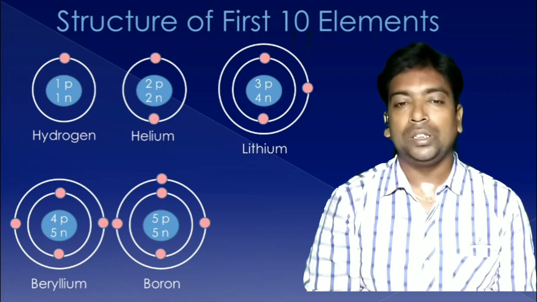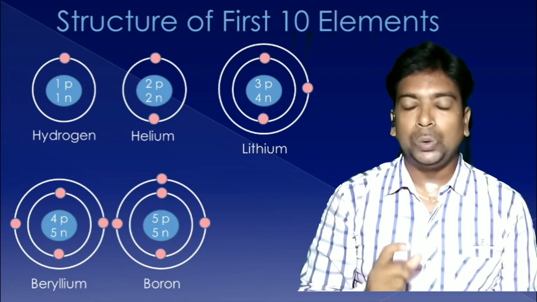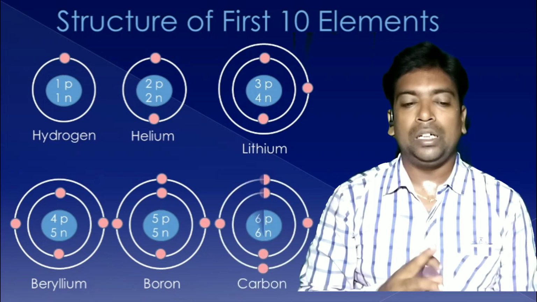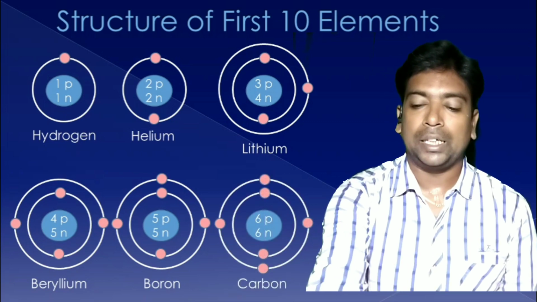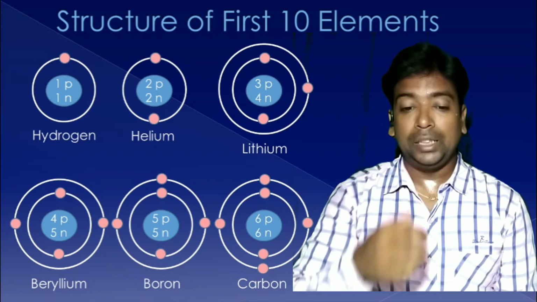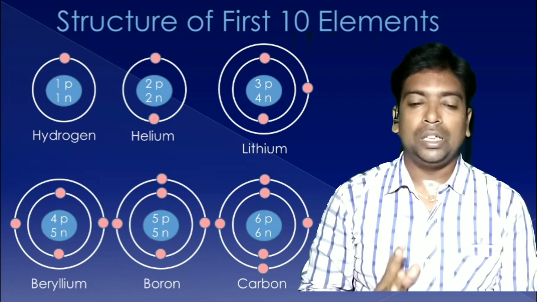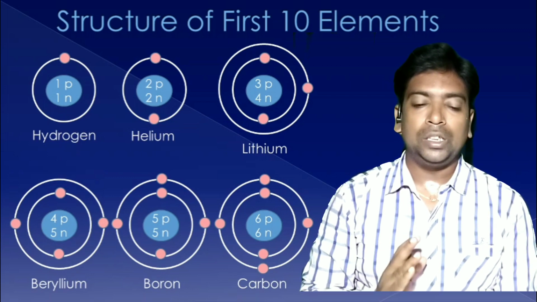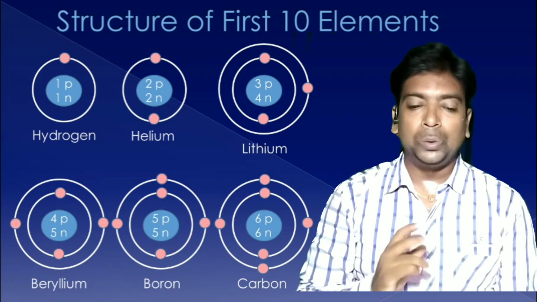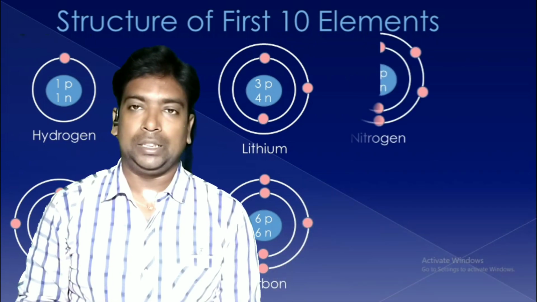Next is boron: 5 protons and 5 neutrons in the nucleus, 2 electrons in the first shell and 3 electrons in the second shell. Next is carbon: 6 protons and 6 neutrons in the nucleus, 2 electrons in the first shell and 4 electrons in the second shell.